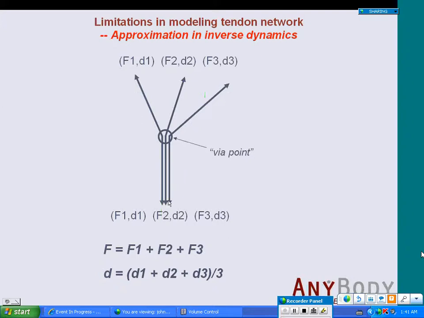So the displacement or excursion of this muscle is the average of these three. As long as during the locomotion, the elongation or excursion of these three muscles is not changing much, then this method is a pretty good approximation.